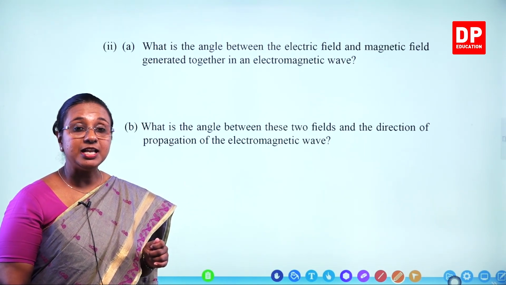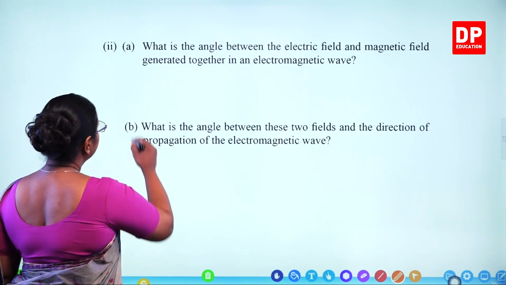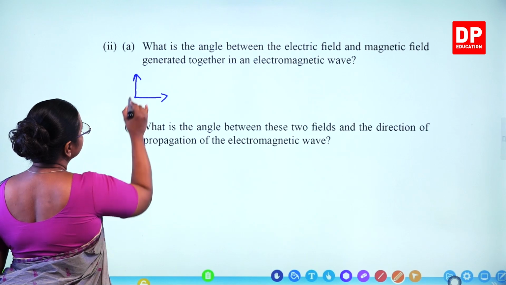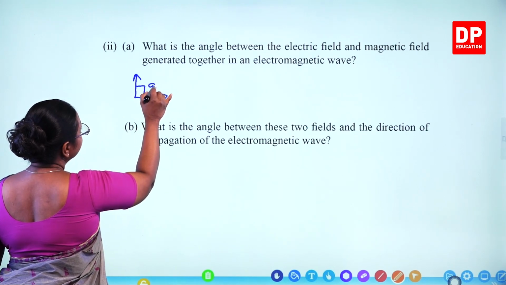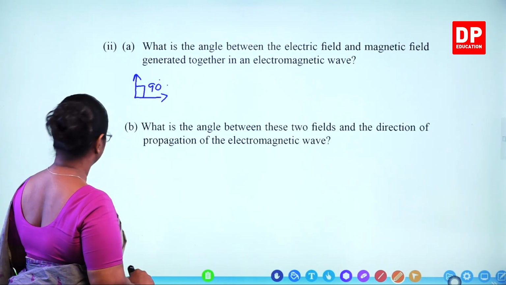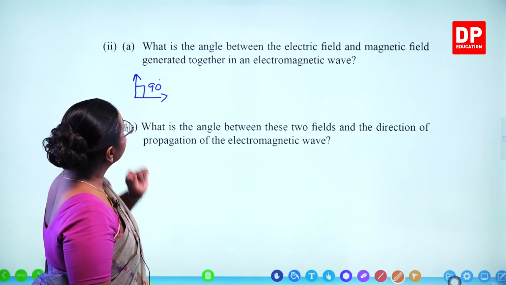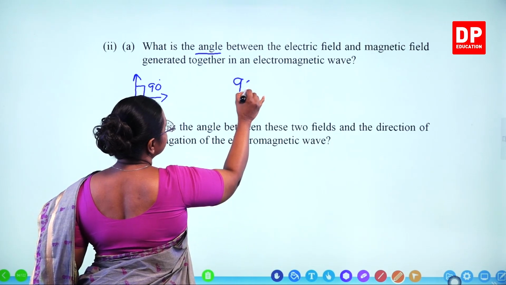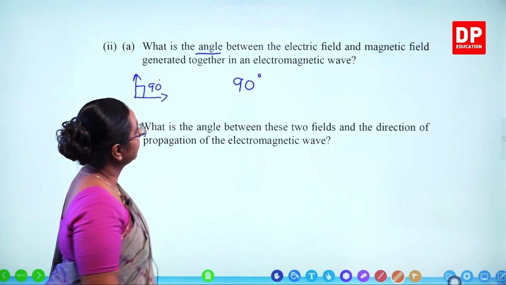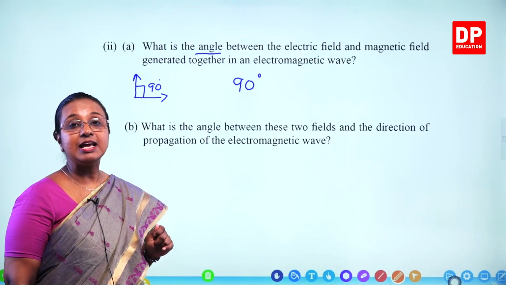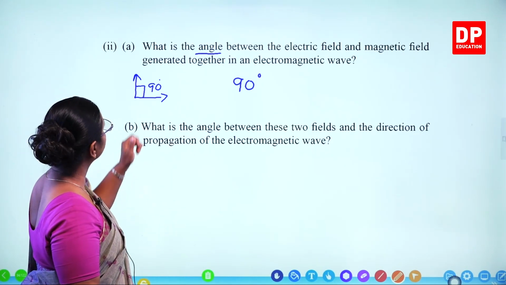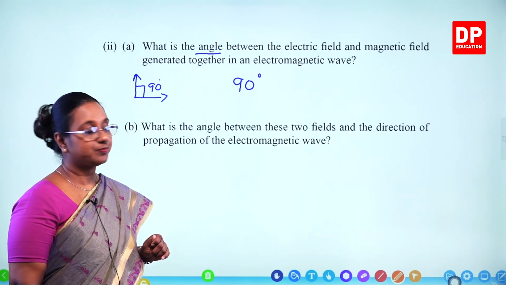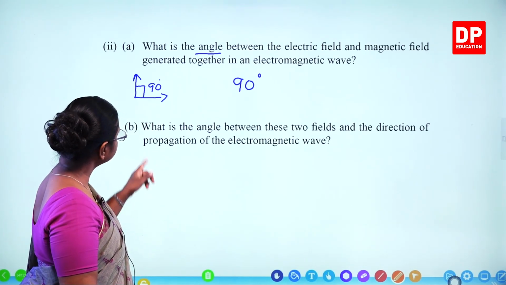When we say perpendicular, what is the angle? If this is the electric field, this will be the magnetic field. So, the angle will be 90 degrees. So, we have to write the answer as 90 degrees between the electric field and magnetic field generated together in an electromagnetic wave.